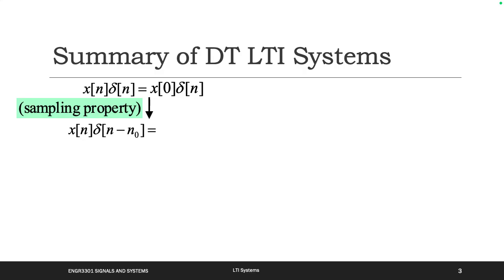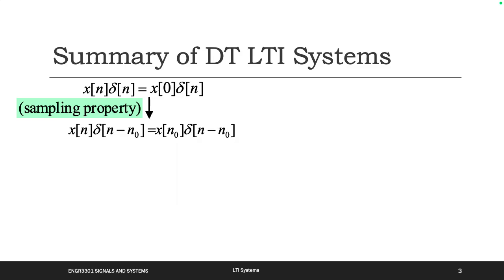Which means when n equals n naught it will be 1, otherwise it will be 0. And one item multiplied by 0 will be 0, so only when n equals n naught is there a value. So the result is x[n naught] multiplied by this item, otherwise 0.